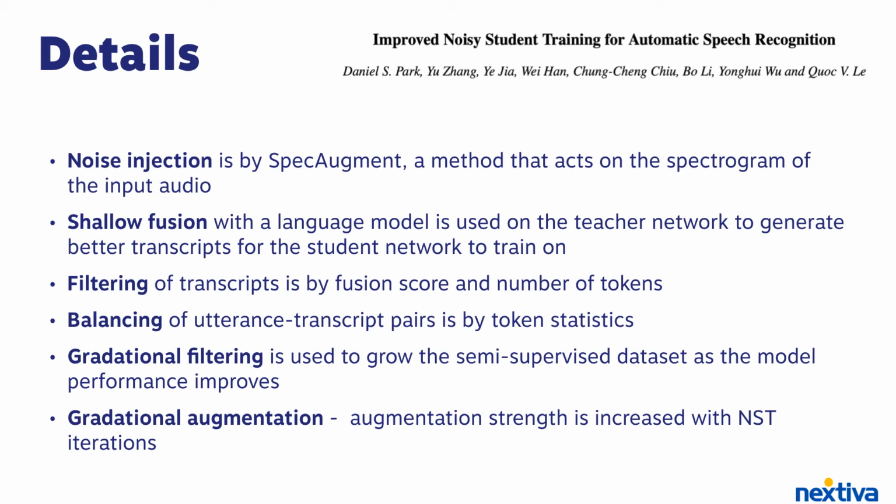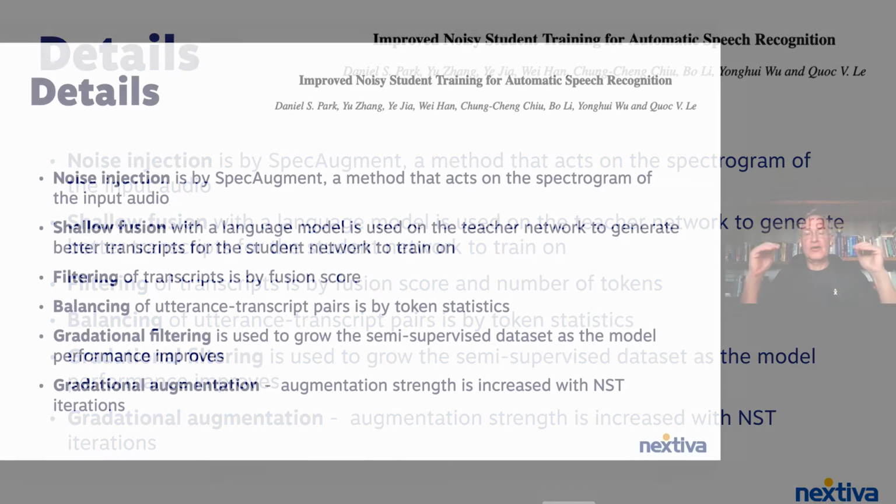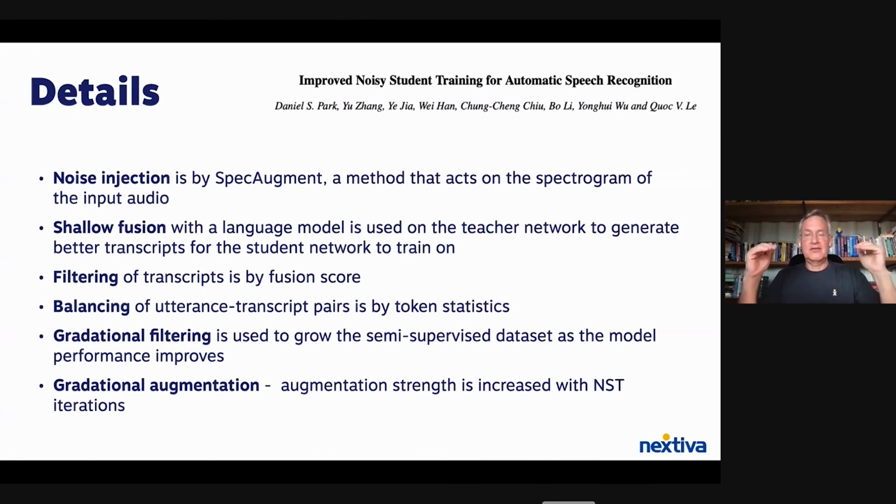There are a couple other things that I don't really have time to get into, but they are used in the paper, and it's really cool. I mentioned that the filtering selects only the ones that the teacher is most confident in. Say, I know how to solve this problem, I'll give it to little Johnny, my student. Initially it's fairly conservative.